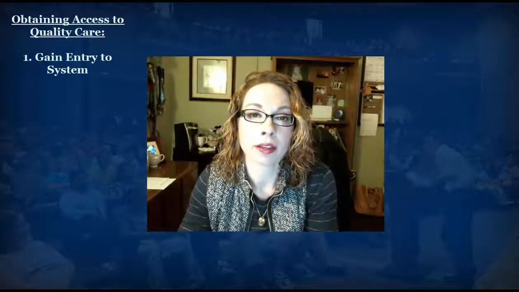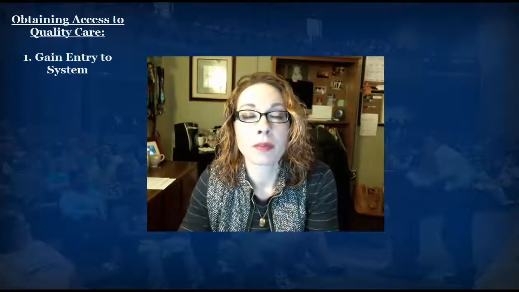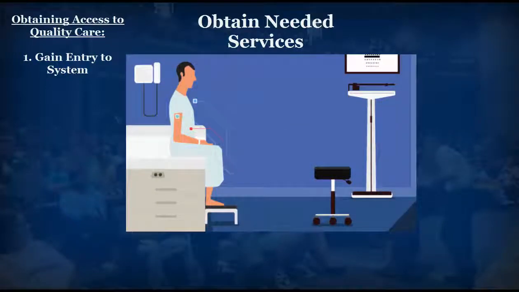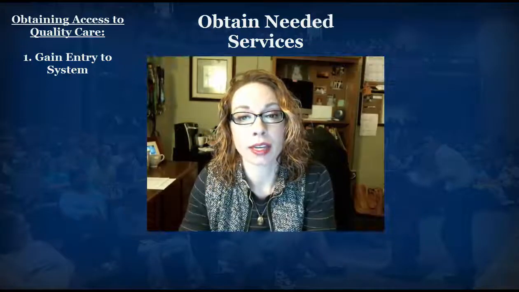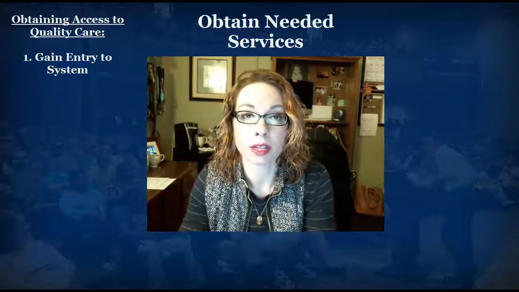Now, once we gain access into the healthcare system overall, now we need to make sure that we can obtain the services that are needed. So just because we're in the system now does not necessarily mean that we are conveniently located to services, or we're close enough to services that we need that we're able to get those in a timely manner. So now we have to start focusing in on gaining access to these sites of care that we need to receive needed services.